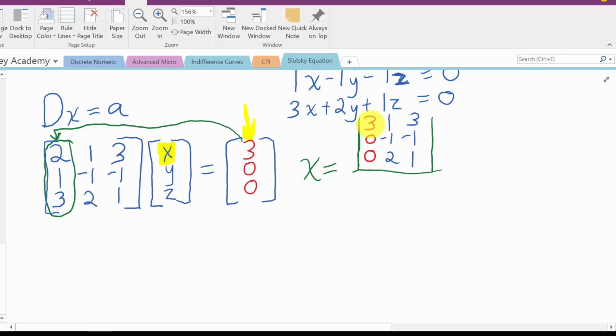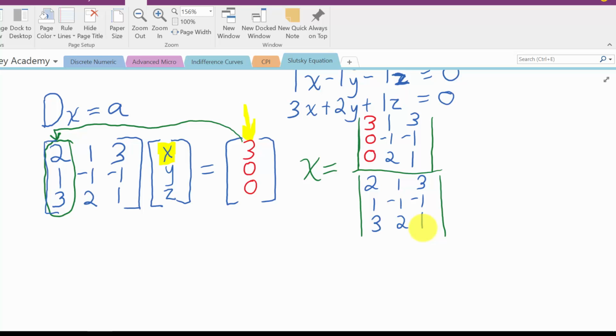And we take that determinant on the top of a fraction, and then on the bottom of the fraction we need another determinant. And the determinant that goes on the bottom of the fraction is just our original matrix of coefficients over here. So 2, 1, 3, 1, minus 1, 2, 3, minus 1, 1. Okay? This is to get you thinking in terms of some of the notation we're going to see in the Slutsky equation derivation.